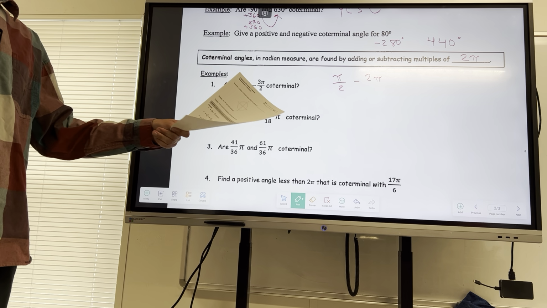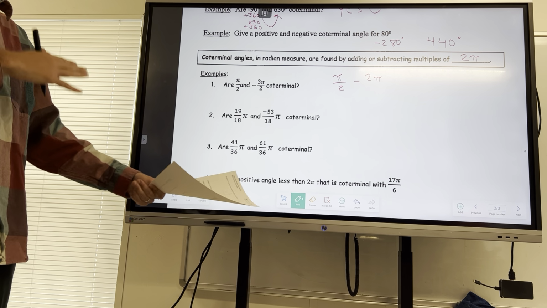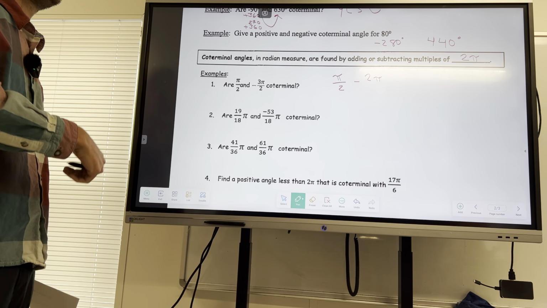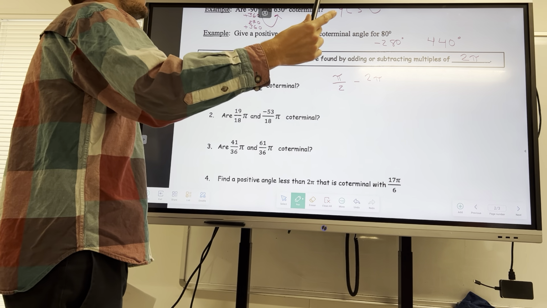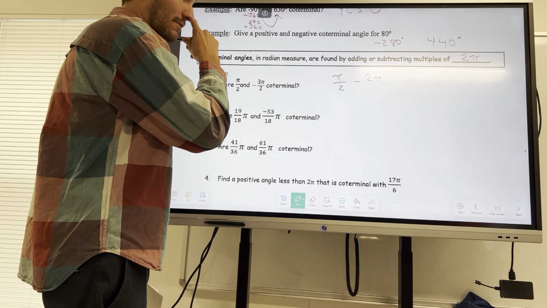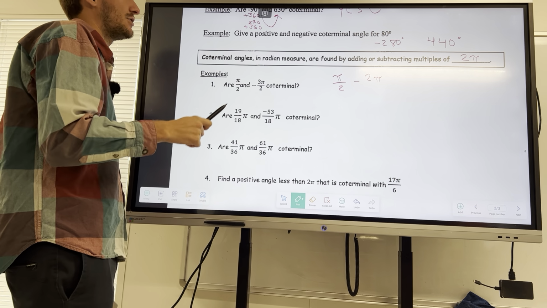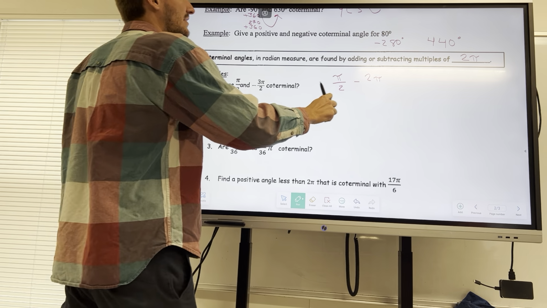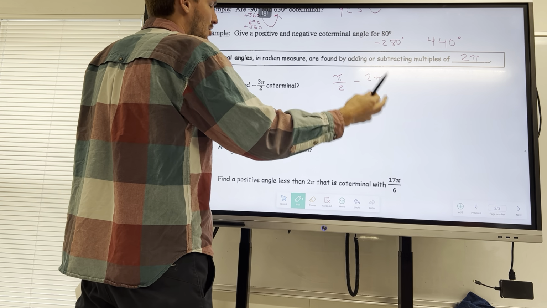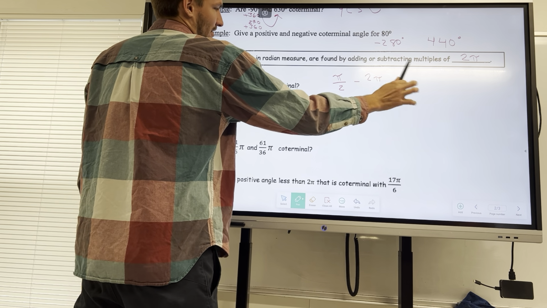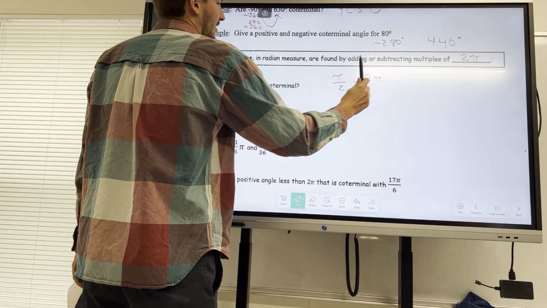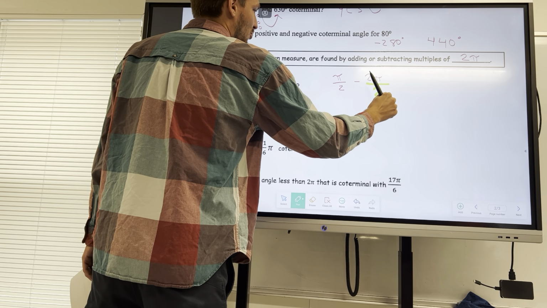But when we're adding and subtracting in questions with fractions, what are the rules for adding and subtracting fractions? Yes, a couple different ways to say that, and you all said it pretty much right. Common denominators. And do these have common denominators right now? No. So what does the 2 pi have to have as a denominator? It has to have a 2 in the denominator.